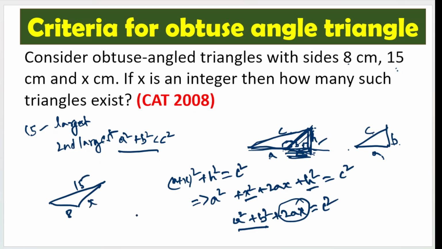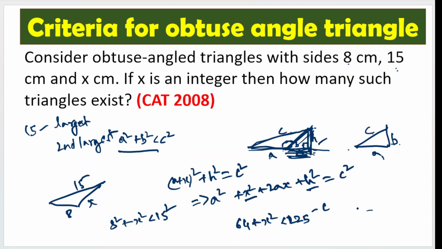As per this formula, 8 square plus x square should be less than 15 square. So 64 plus x square should be less than 225. 225 minus 64 is 161.